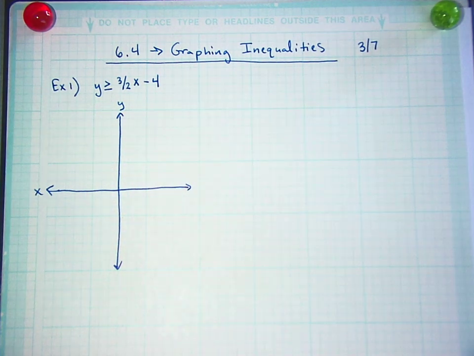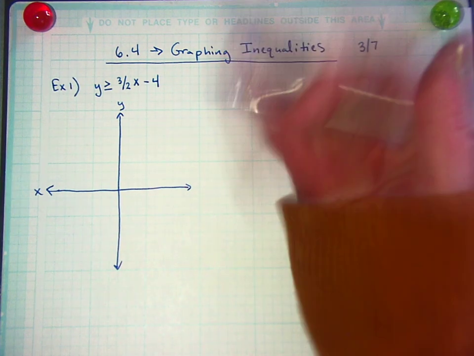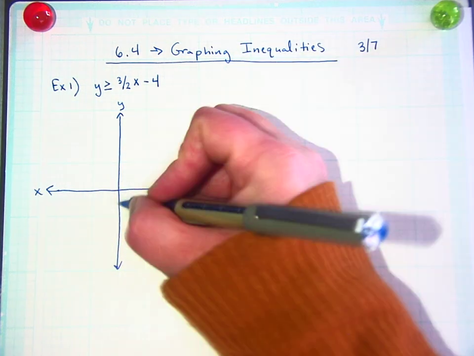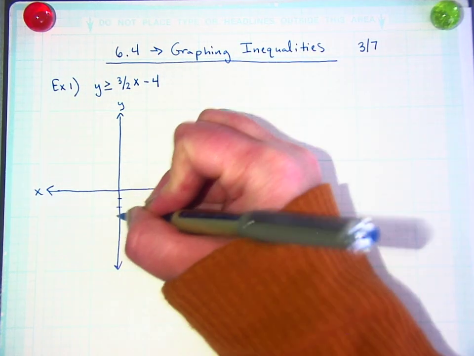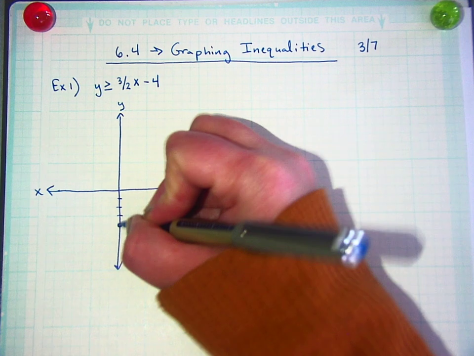If it was y equals 3/2 x minus 4, where would you start? Nate? The y-intercept, which is which one? The -4. All right, so everybody go down -4, put a big dot.